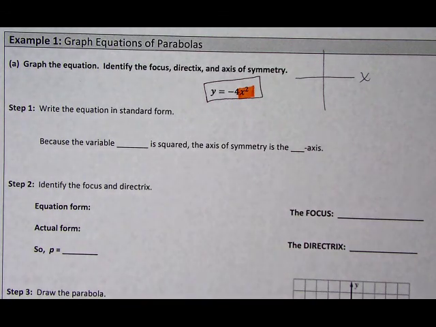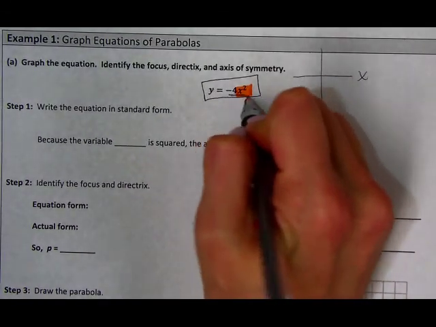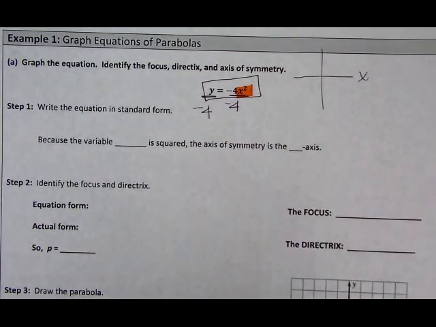So the first thing I have to do is I have to write the equation in standard form. So standard form means I want to make sure that my variable that's squared is by itself. So in this case, x squared is not by itself. So I have to divide both sides by negative 4.